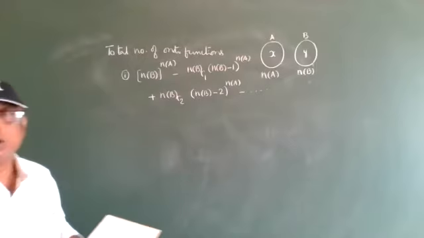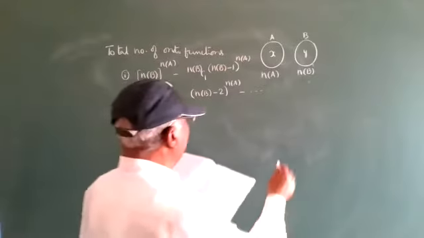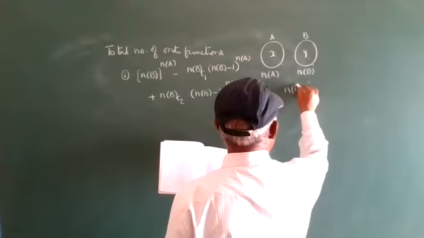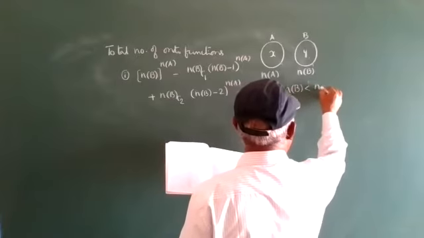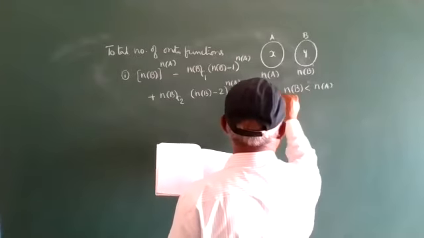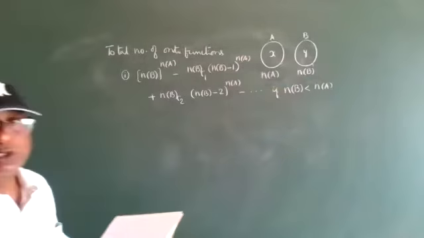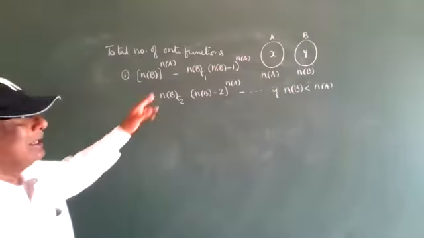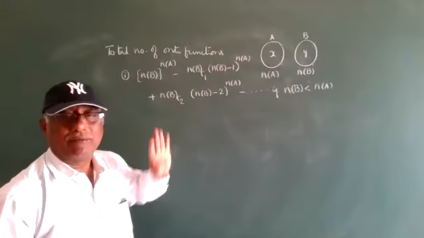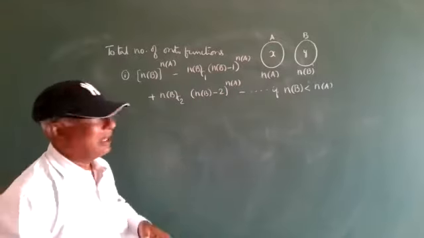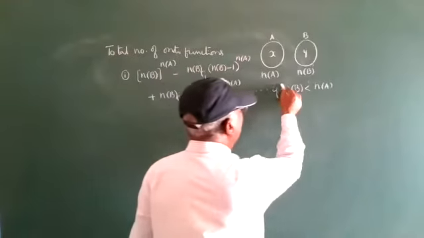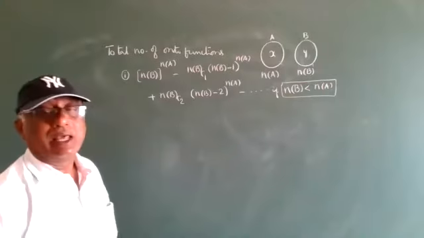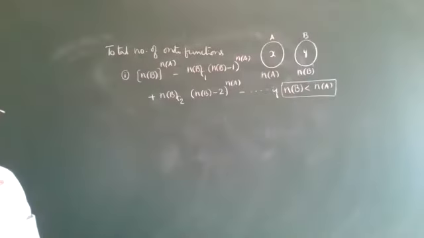This must continue up to 0, when n of B is less than n of A. Only at that time this binomial theorem formula should be applied, when the number of elements in B is less than in A.